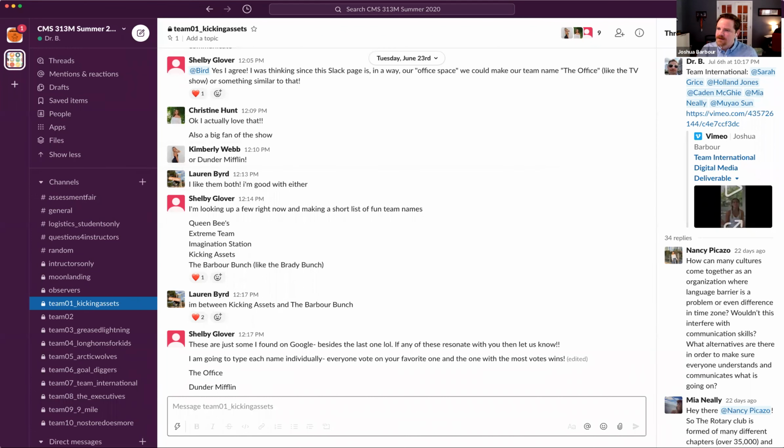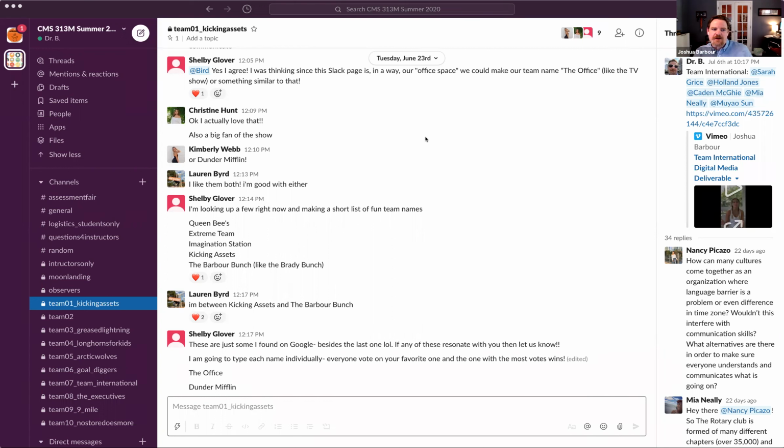So this is what Slack looks like. This is how it's structured. And the reason why I use Slack as opposed to, say, the Canvas built-in discussion technology is, one, I think that Slack is a more immersive kind of tool, and it's one that lets them use images and links and calling out to each other in a way that's more organic and more consistent with other technologies that they use.